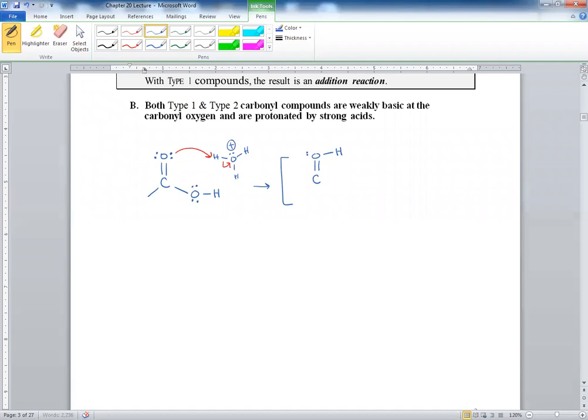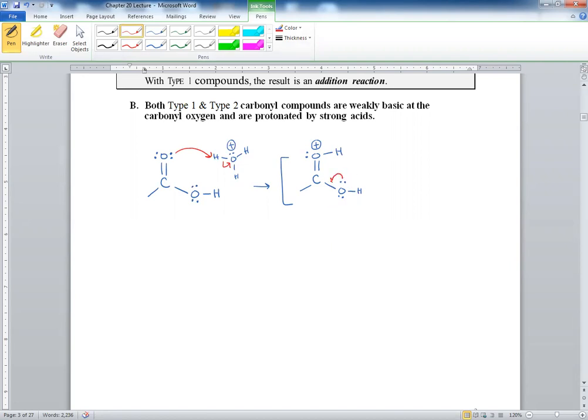So you have oxygen now with 3 bonds, which means it has a formal charge of positive. It's not happy. But it can be resonance stabilized.